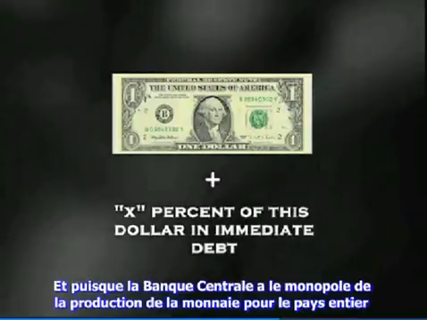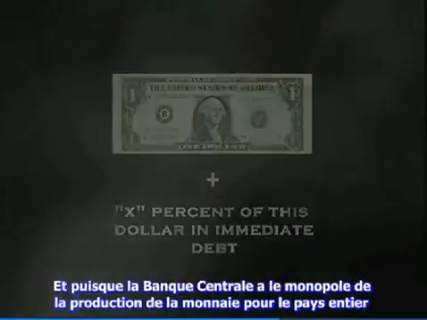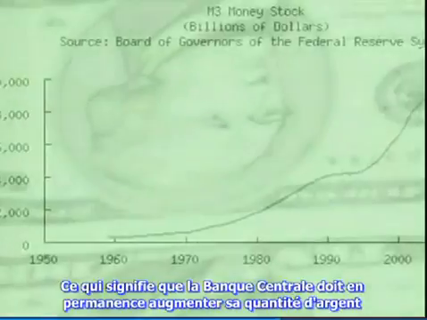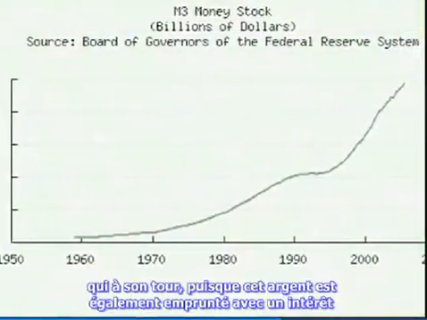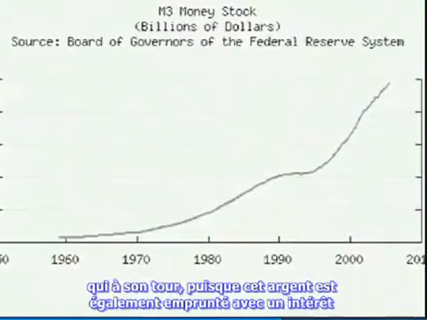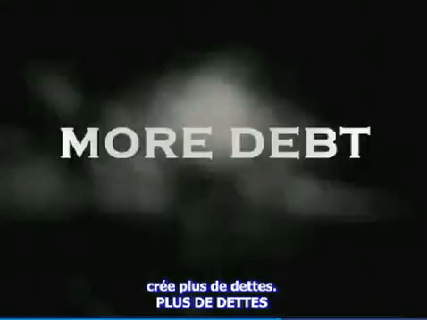And since the central bank has the monopoly over the production of the currency for the entire country, and they loan each dollar out with immediate debt attached to it, where does the money to pay for the debt come from? It can only come from the central bank again, which means the central bank has to perpetually increase its money supply to temporarily cover the outstanding debt created, which in turn, since that new money is loaned out at interest as well, creates even more debt.